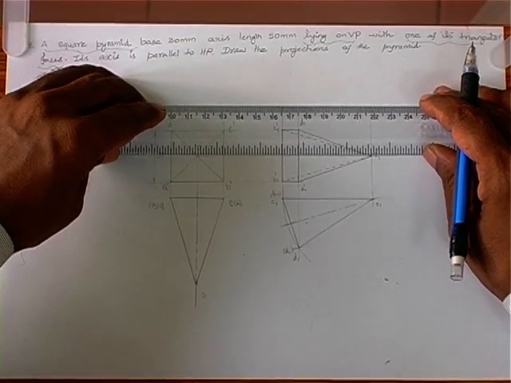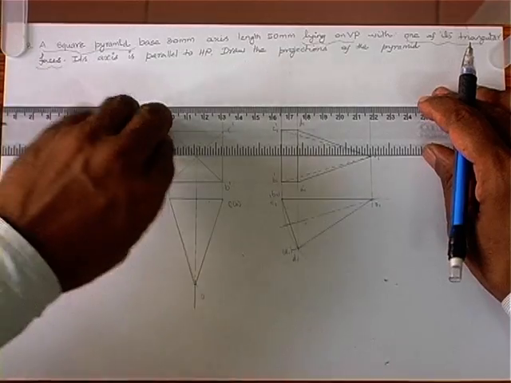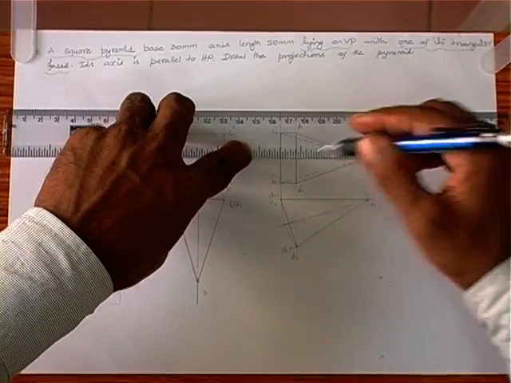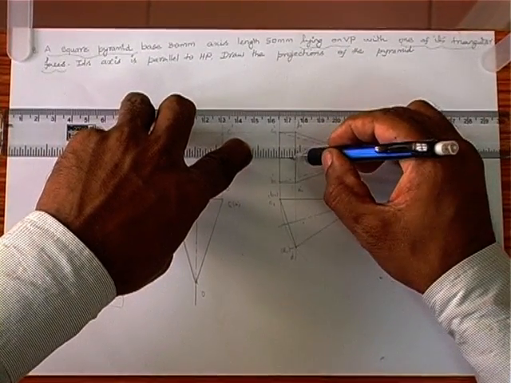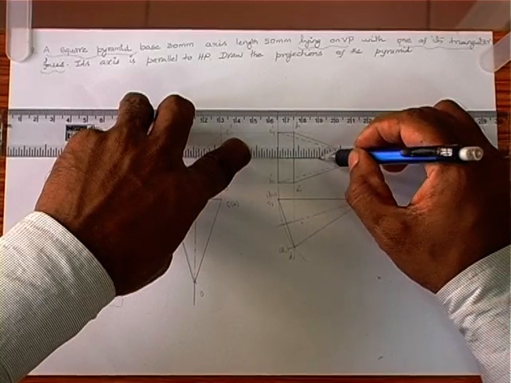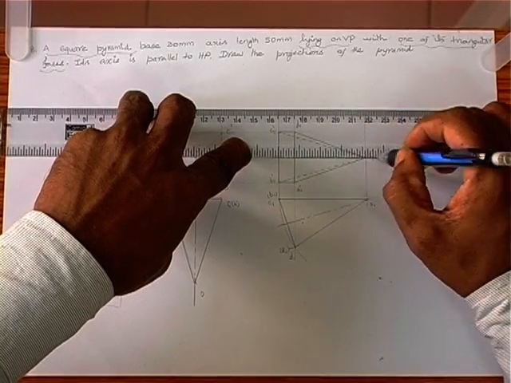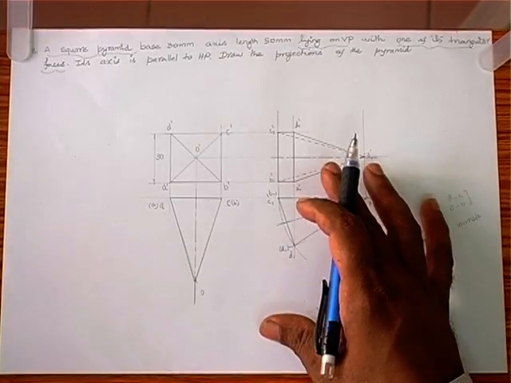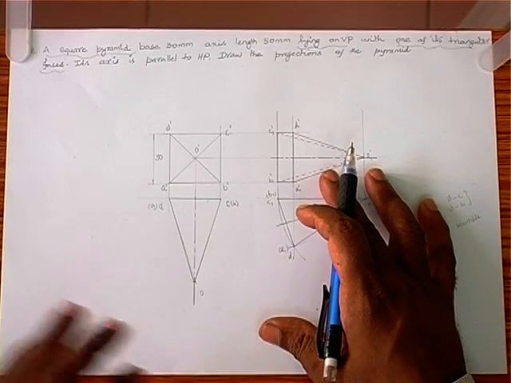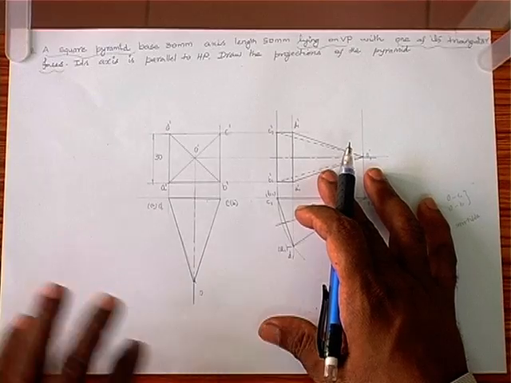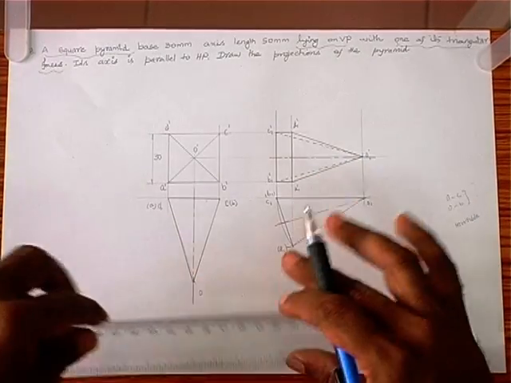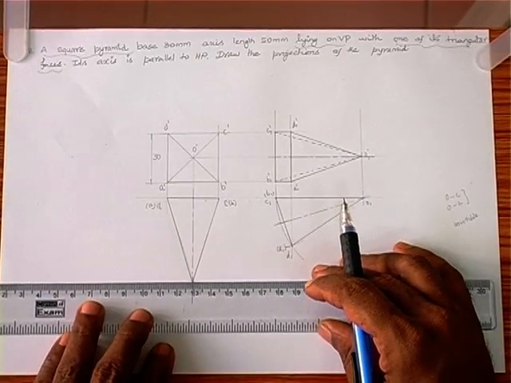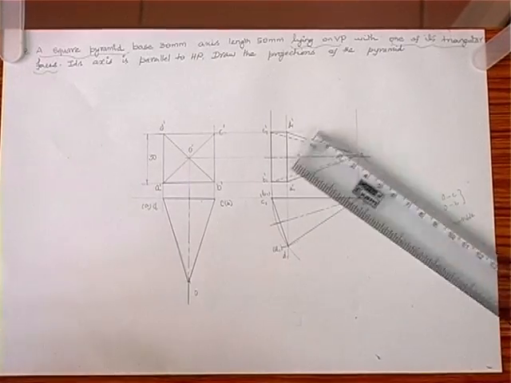Now to complete that, we need to draw the axis line dark. So make the axis dark. We just go through and verify the conditions given in our problem. We need to put the axis height also.